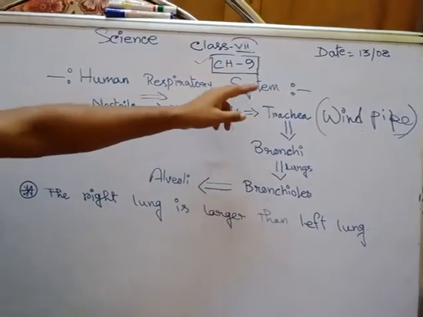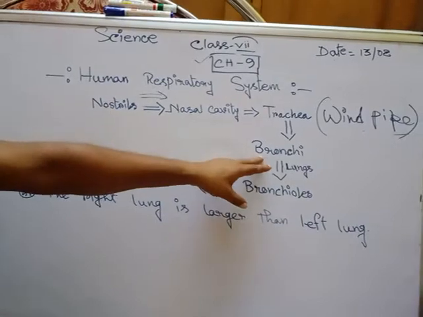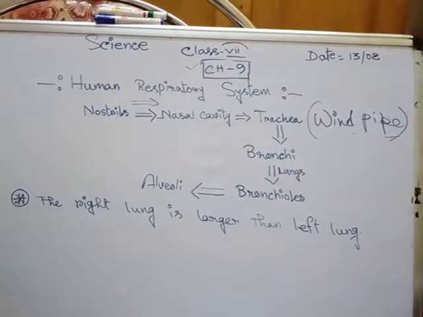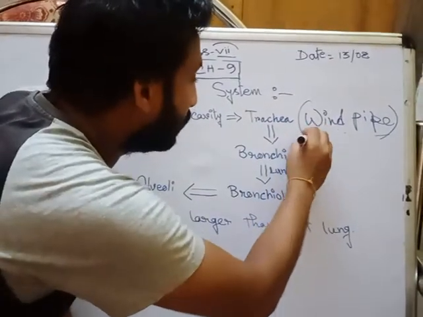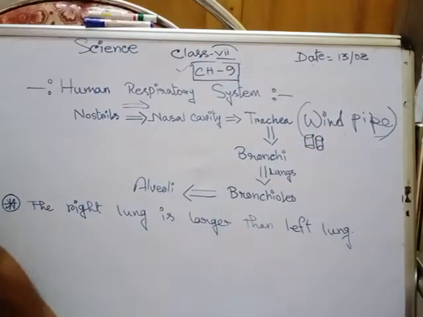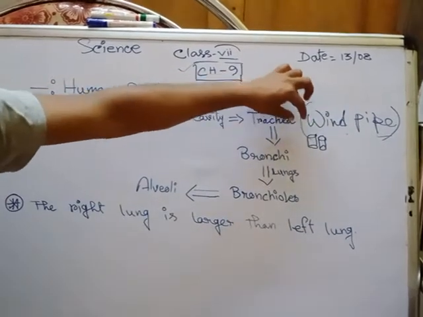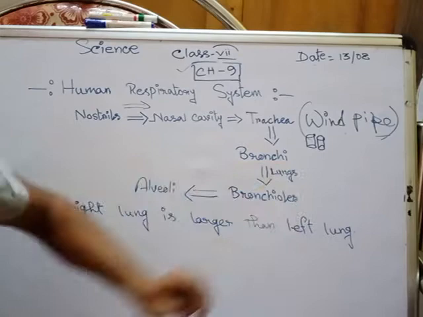From the trachea, the air passes into two small tubes called bronchi. From the trachea there are two small tubes like this, and by these tubes air passes to the bronchi.